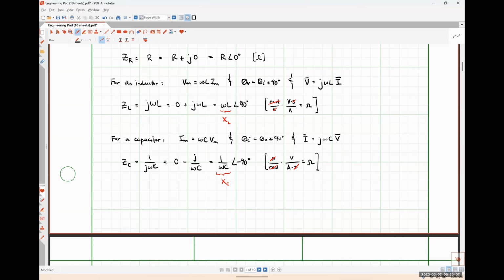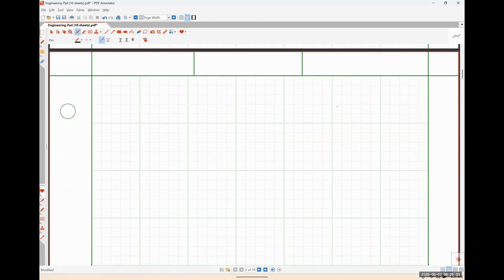The reason we want to do that is that it converts all of the calculus and trig we would have to do in the time domain into algebra in the frequency domain, just using complex numbers. So if we work in the frequency domain, all of the circuit analysis techniques that we already know how to do are once again valid. Let me show you what I mean with an example.